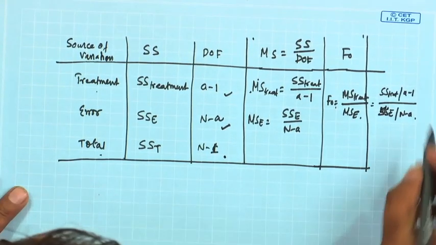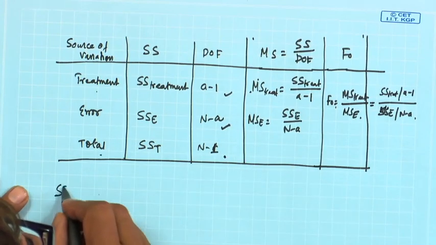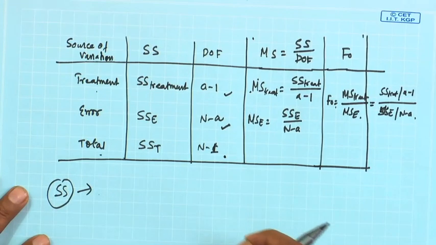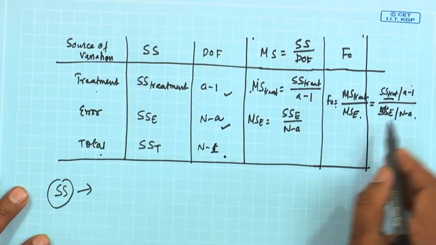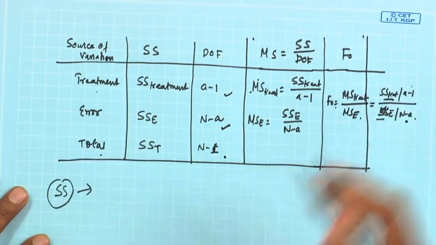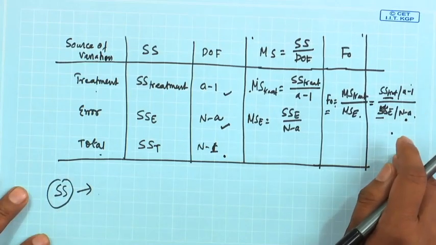If you recall, when I talked about sampling distribution, I gave you that this SS follows chi-square distribution with n minus 1 degrees of freedom. So, here SS treatment follows chi-square distribution with a minus 1 degrees of freedom and SS error with n minus a degrees of freedom, and F0 is the ratio of two chi-square variables weighted by their respective degrees of freedom.